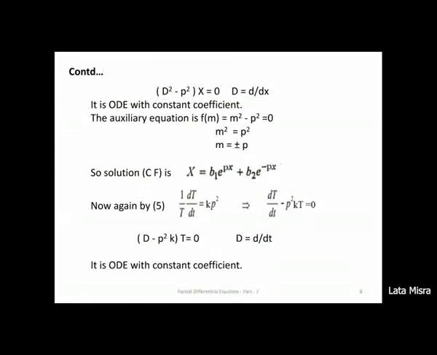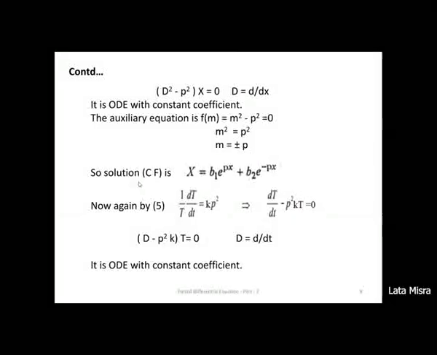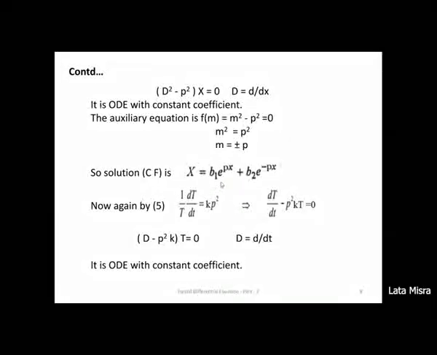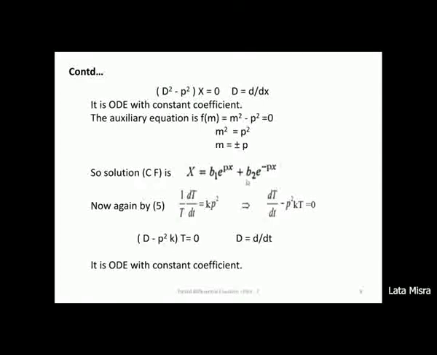We write the auxiliary equation m² minus p² equals 0, and we have the roots m equals plus minus p, and we write the complementary function as X equals b1 e^(px) plus b2 e^(−px).